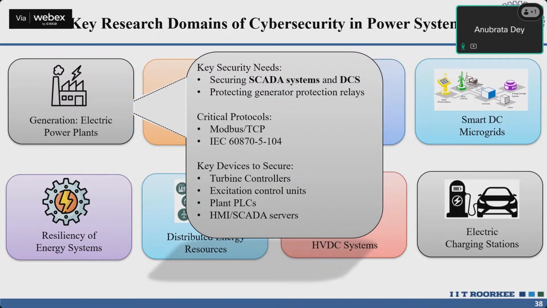This is the protocol used by most of the power producing companies. There the key devices to secure are the controllers, turbine controllers, the excitation control units, the plant PLCs, and HMI or the SCADA servers. So all these things we need to secure. One can also look at working in this area.